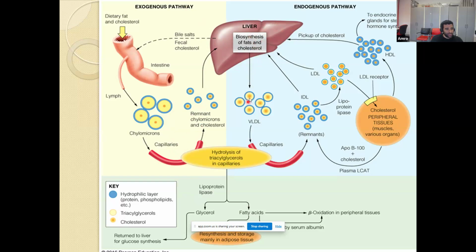The liver produces cholesterol esters, and it also produces triglycerides, and it packages them not in chylomicrons, but in very low density lipoprotein, VLDL. We said VLDL is predominantly triglyceride rich, and it's smaller than chylomicrons. And the same thing happens with VLDL.